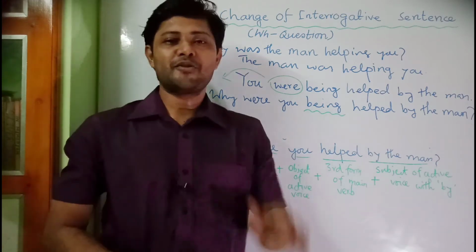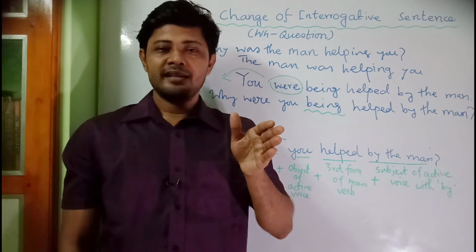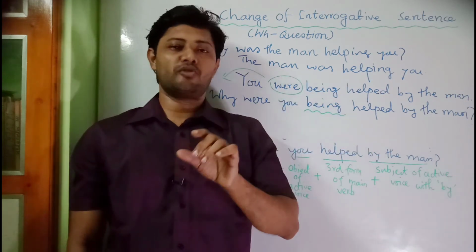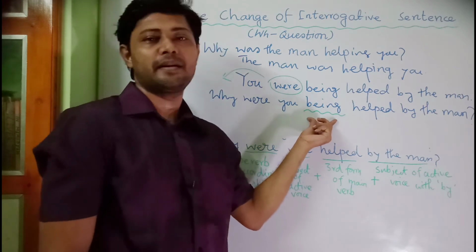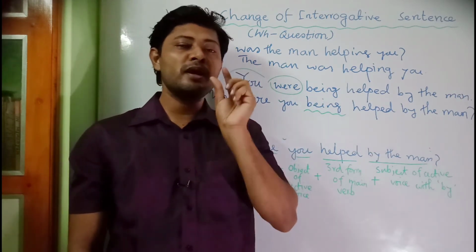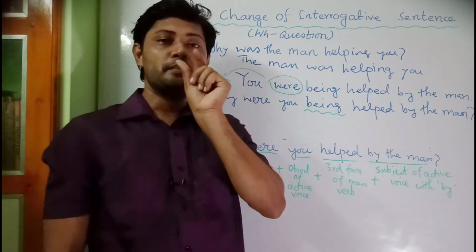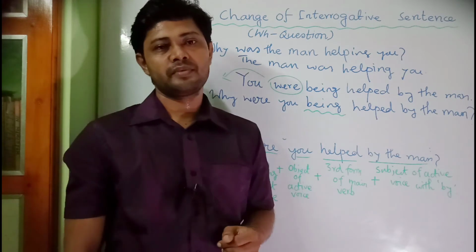Okay, so now try to understand one thing. In continuous tense, either present continuous or past continuous, in the passive voice you will find the word being, and in the present perfect or in the past perfect you will find the word been after the subject.